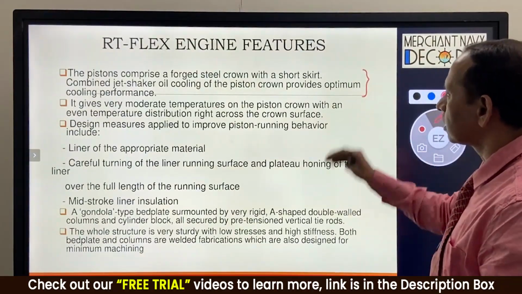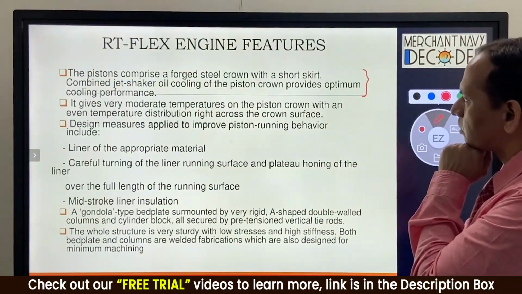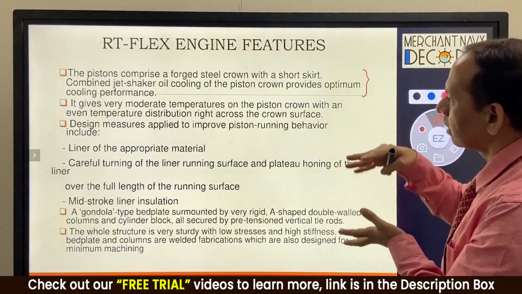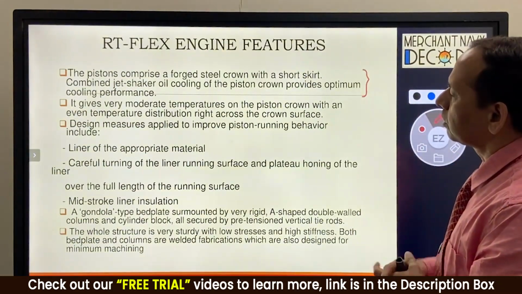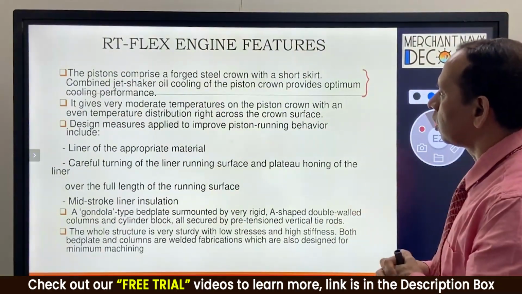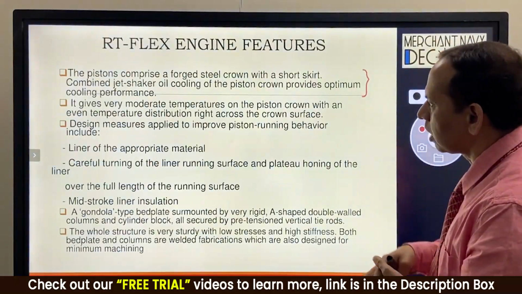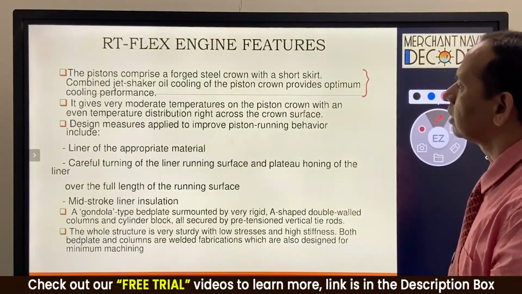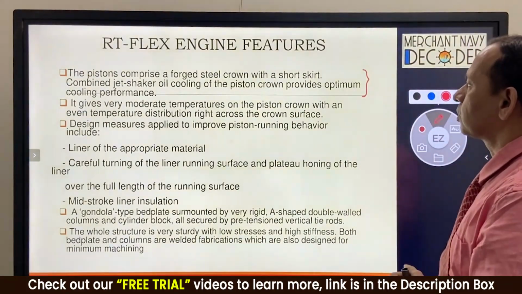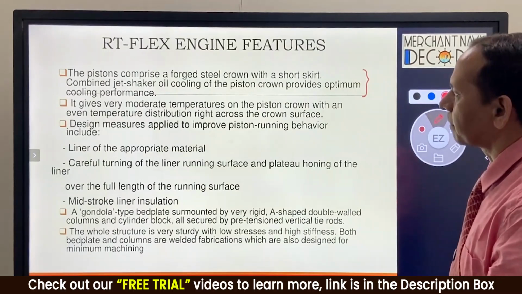So this is how the piston crown design is made, and it is a two-piece design. It means that there will be a piston crown and a piston skirt which are joined together to make a piston unit, which is a composite design.